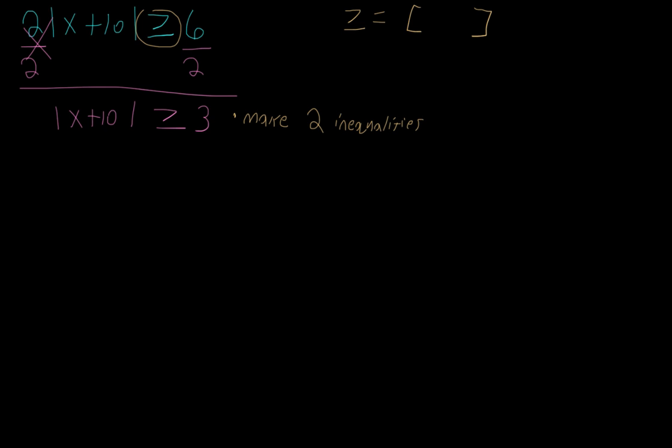Okay, so let's do our first one. X plus 10 is greater than or equal to 3. Remember, the second one, just flip these. X plus 10 is less than or equal to negative 3. With that, this and this, that is called the negation.